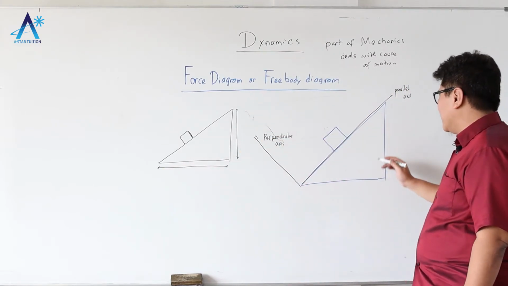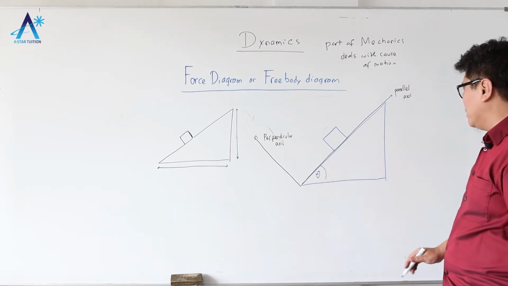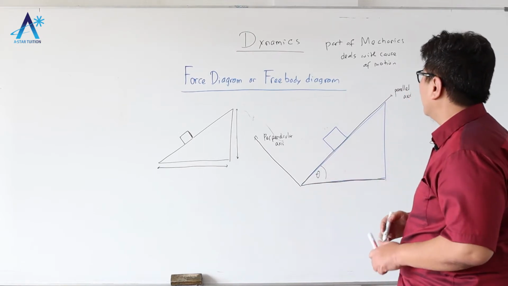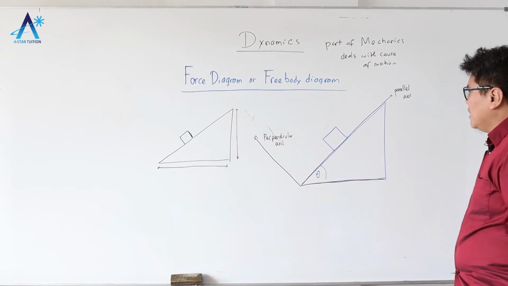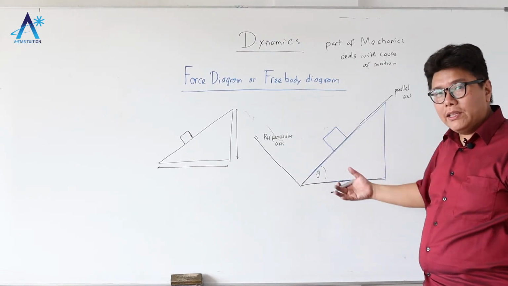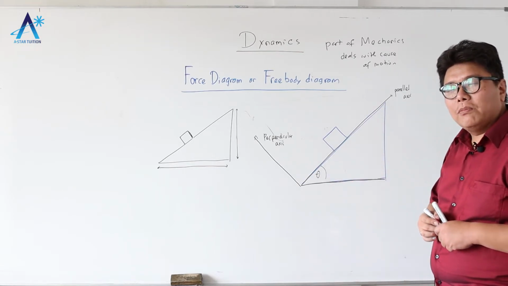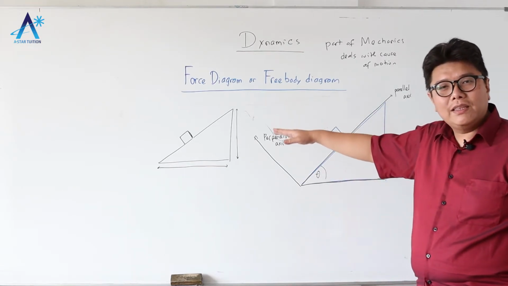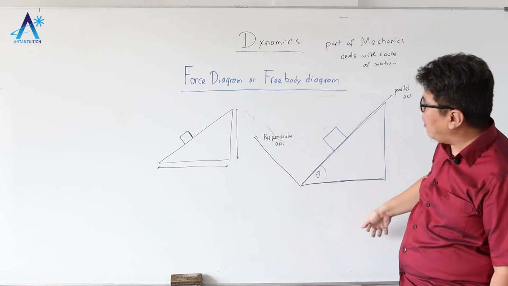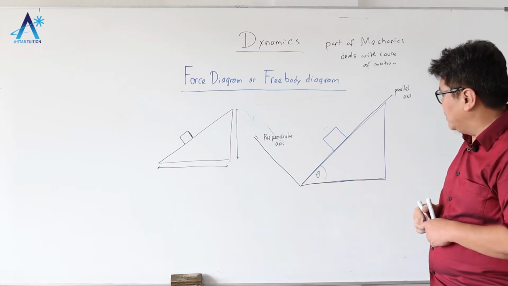Now let's say that the inclined plane makes an angle of theta with respect to the horizontal plane, or the horizontal axis. We assume that the object is constrained to move within the plane, meaning that the object never actually leaves the plane. If the object never leaves the plane, that means the sum of all forces along the perpendicular axis will always be 0.